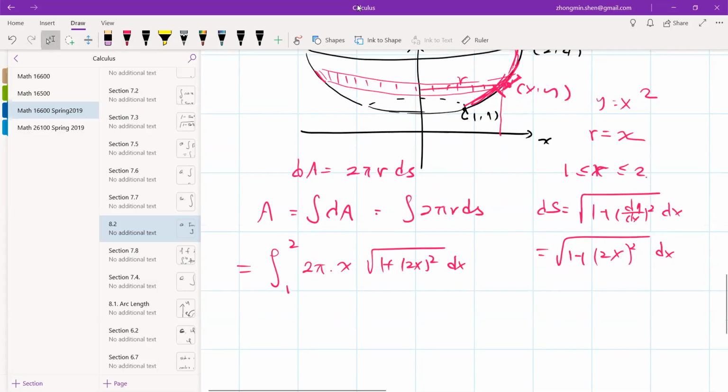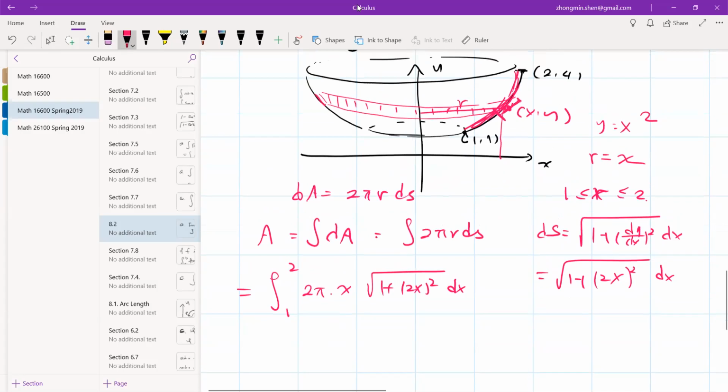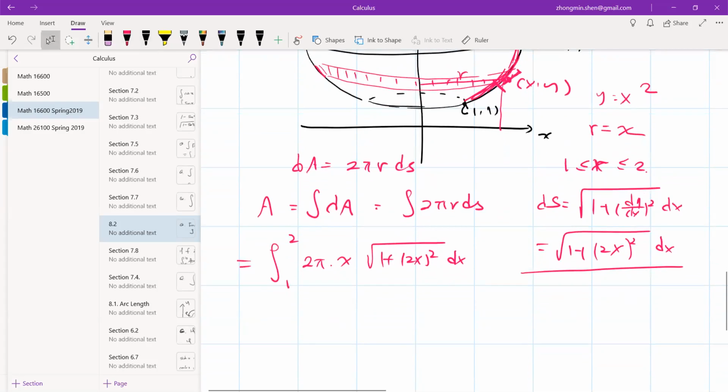If you decide to choose the y variable, r is still going to be x, okay? y is still x squared, no problem. r is still x.